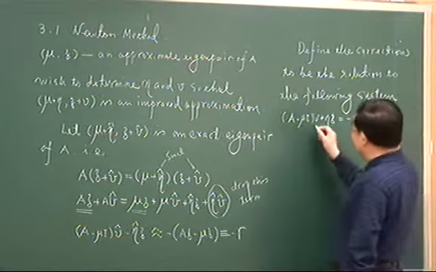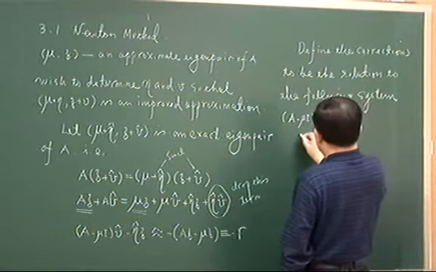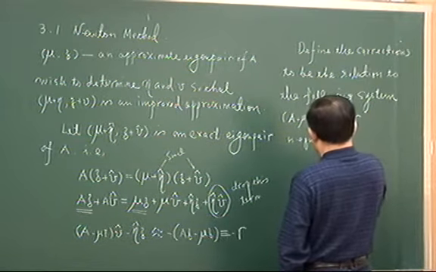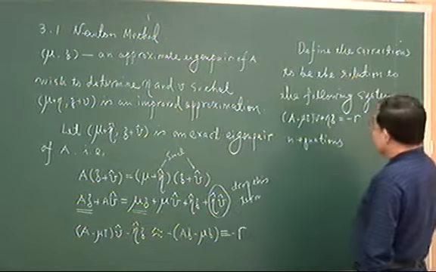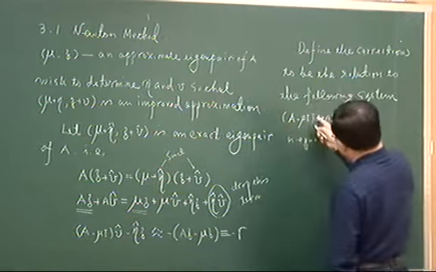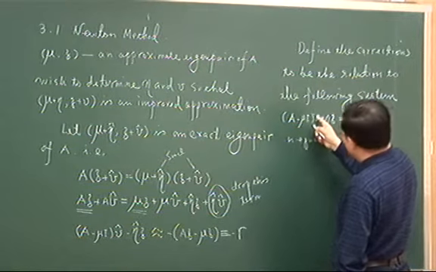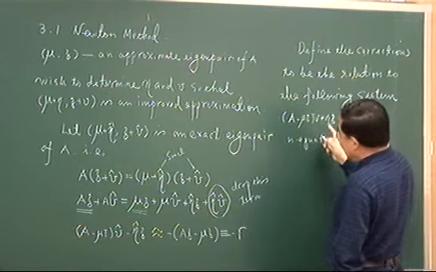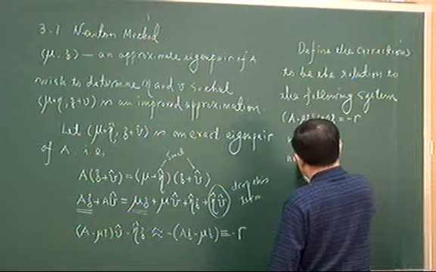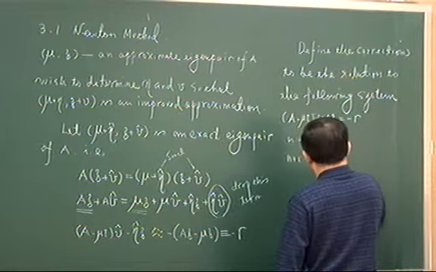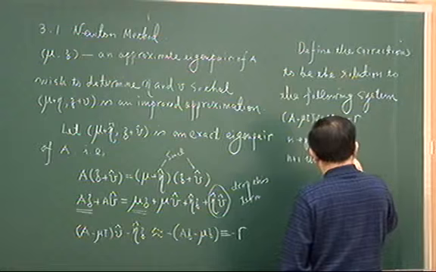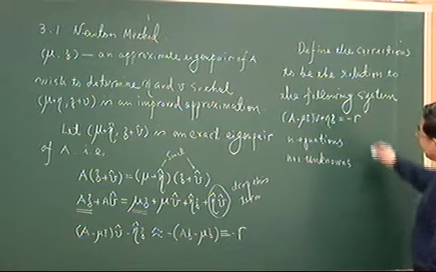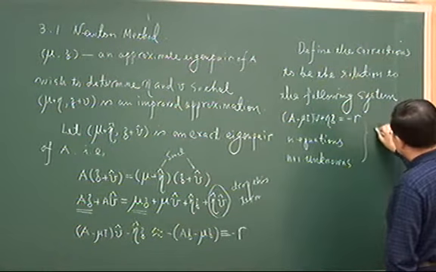But you see, this system has n equations. But v is an n-dimensional vector, and delta mu is also unknown. So they have n plus 1 unknowns. So this system is underdetermined.